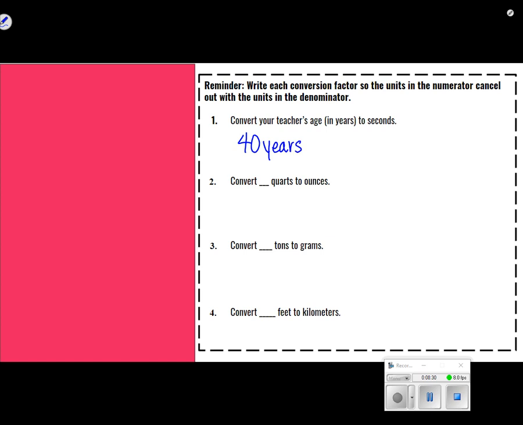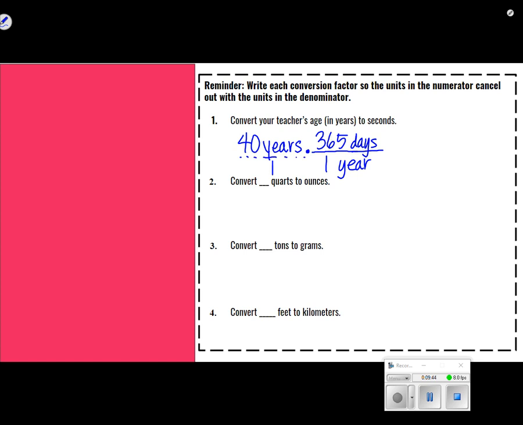And what we need to do is we need some conversion factors, a little times and a little fraction bar. There are 365 days in 1 year. Now you may say, Ms. Phoebus, why did you write it like that? Well, I have a numerator and I have a denominator, and technically this is over 1.